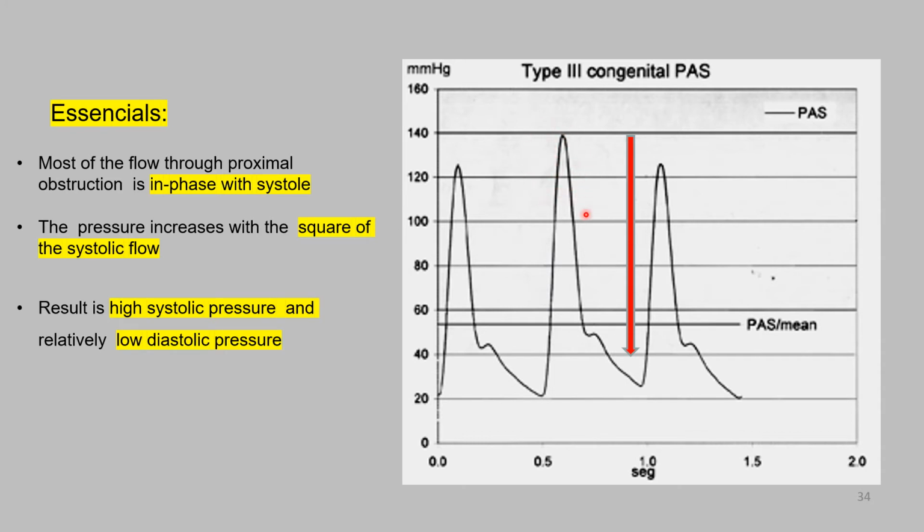So when the systolic pressure goes very high, obviously the vessel is now very distended and becomes less compliant. But the problem in the compliance of the vessel is secondary to the stenosis that is distal to it.